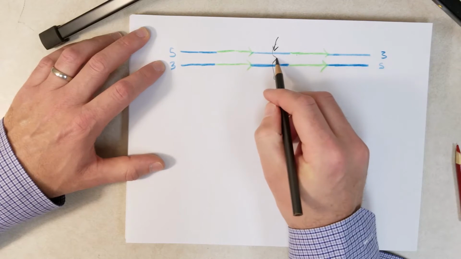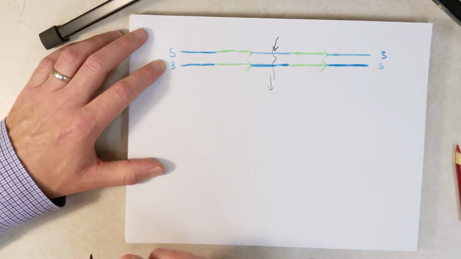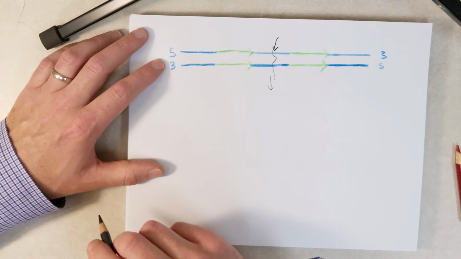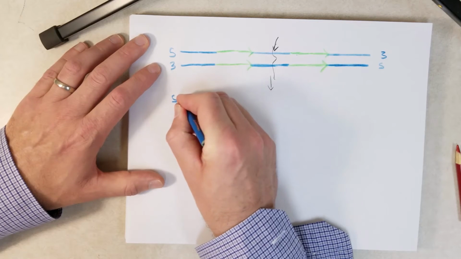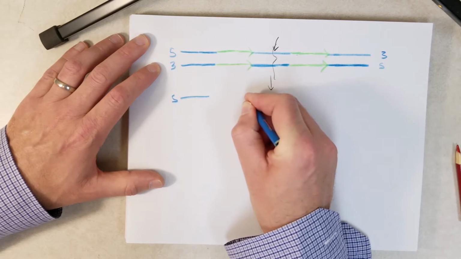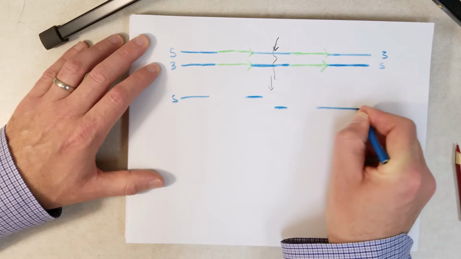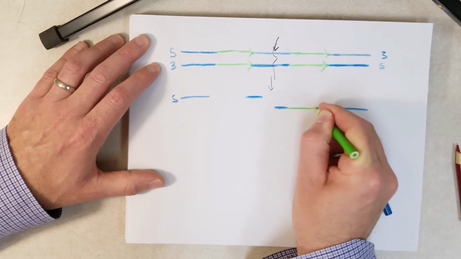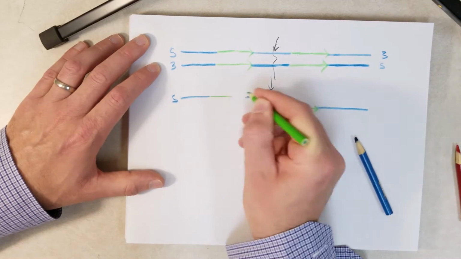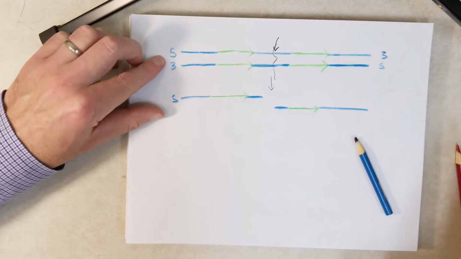So the first step of this mechanism is going to be similar to the others. We're going to see 5' end resection. That's going to give us something like this. These are the two strands of the DNA molecule.